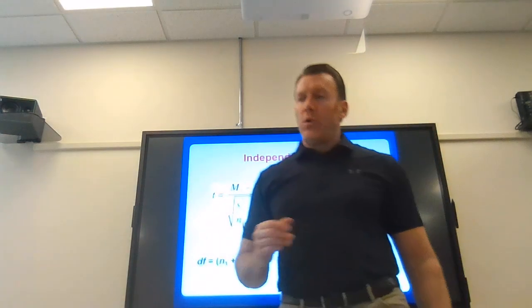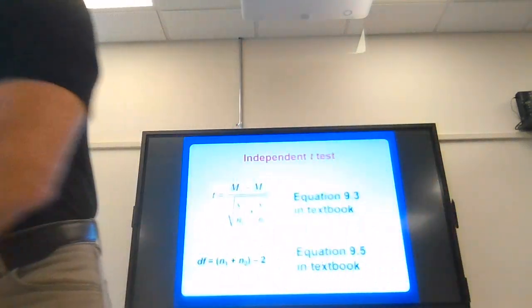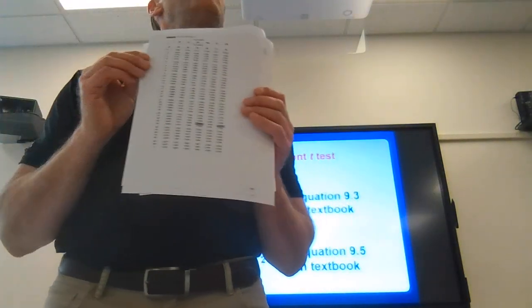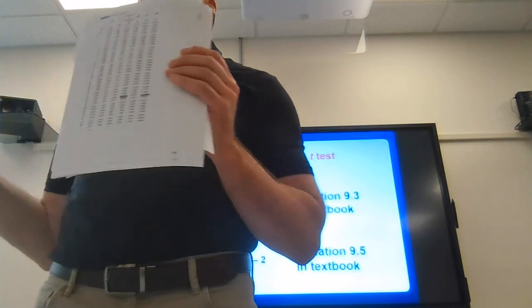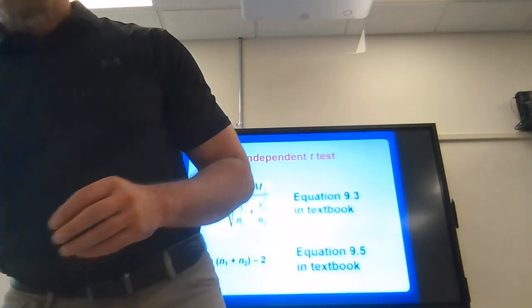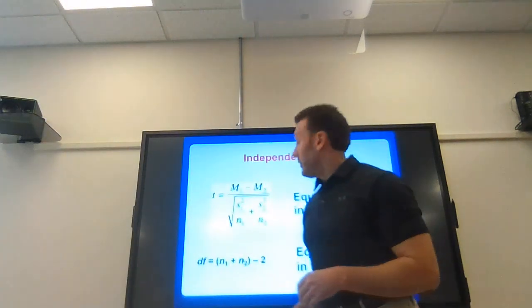Okay, now before when we were doing confidence intervals, degrees of freedom was calculated how? It was just the number of people minus 1, right? Okay, so an independent t-test is a little bit different.